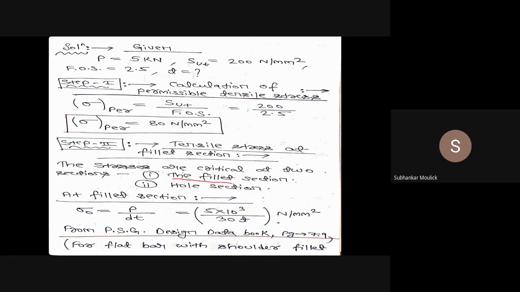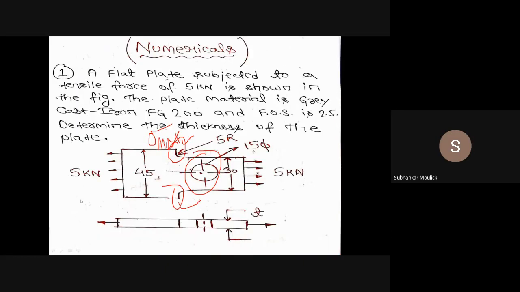Okay, any doubt? No, sir. Okay, so if I consider the fillet cross section, my diagram will be somewhat like this. I am not considering the whole section. Initially, I am finding the value of maximum stress generated due to the fillet. That means this is the diagram.